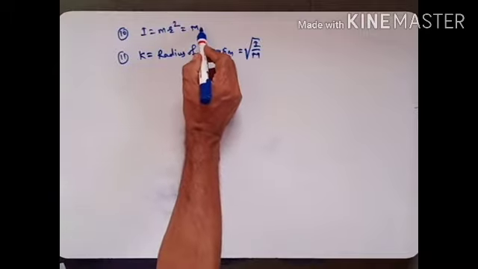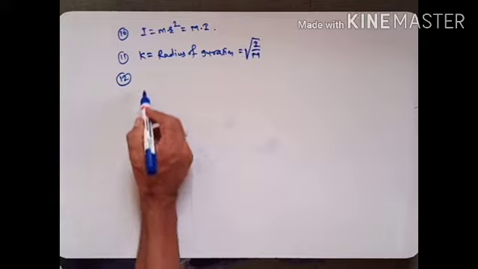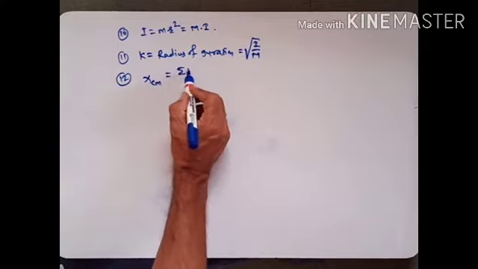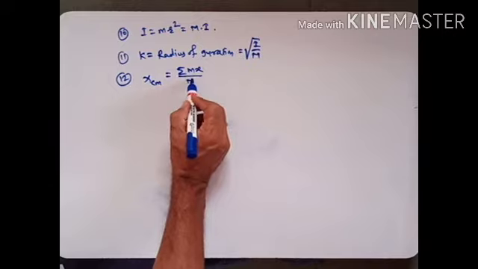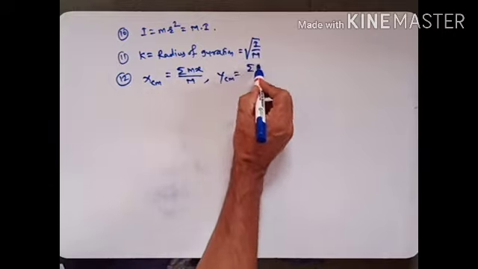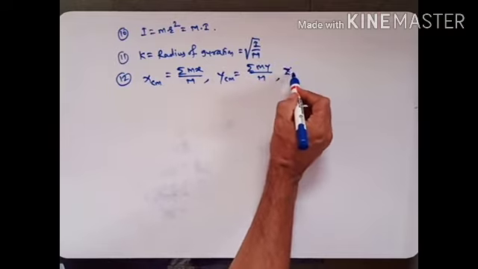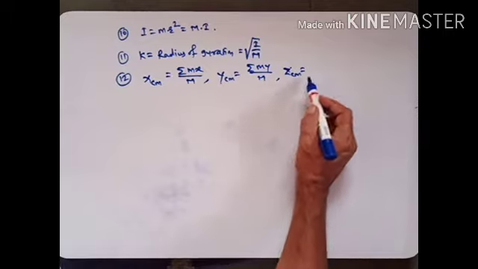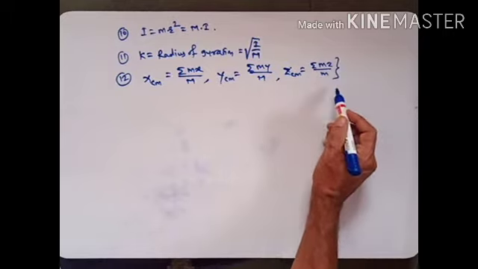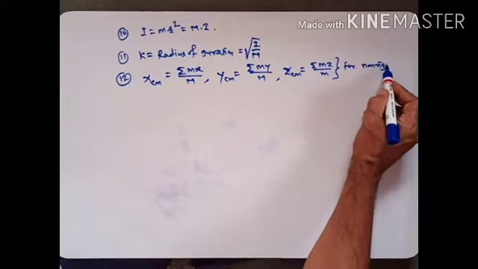Now 12th. xcm is equal to summation mx upon m, ycm is equal to summation my upon m, and zcm is equal to summation mz upon m. These are all formulas for non-rigid body.